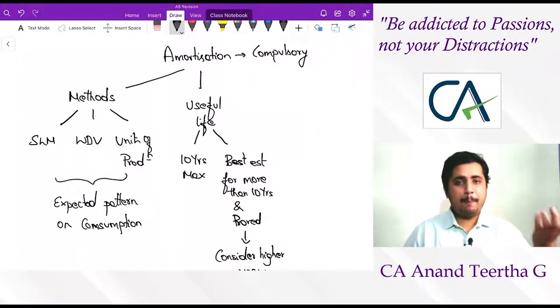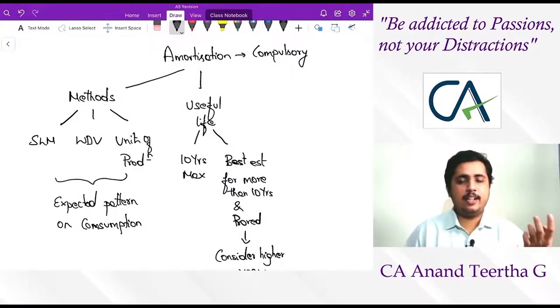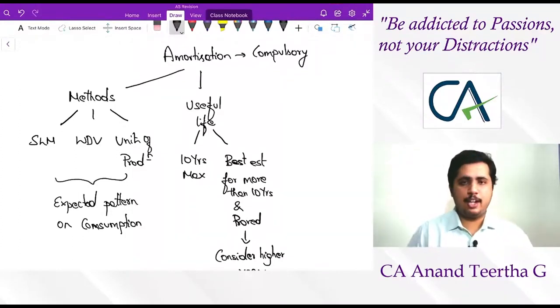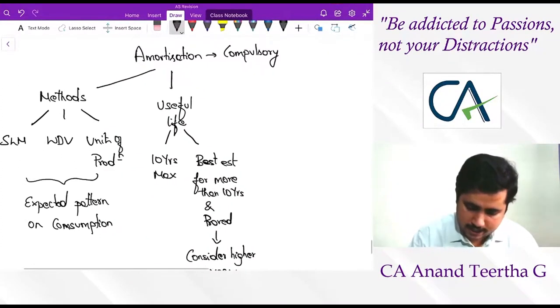The patent papers only are saying that the right is for 25 years. So the paper itself suggests that the life of this is 25 years. At that time, there is a contractual nature. You can prove it. Best estimate 25 years, no problem. But if nothing could be proved, maximum 10 years, not more than that. Okay, that will be considered from the useful life point of view. Next, residual value.